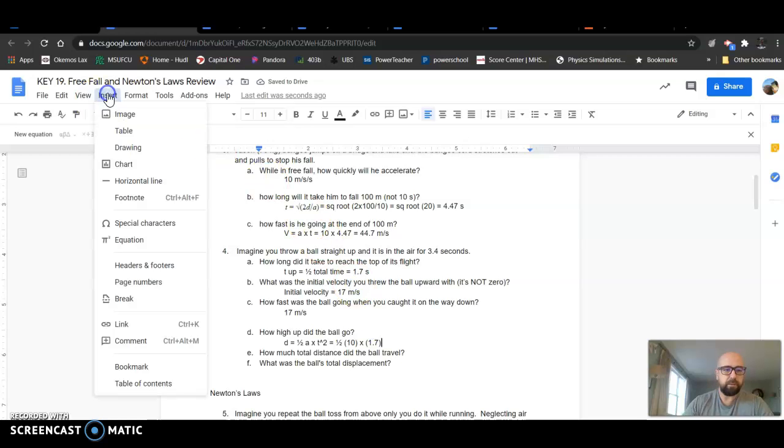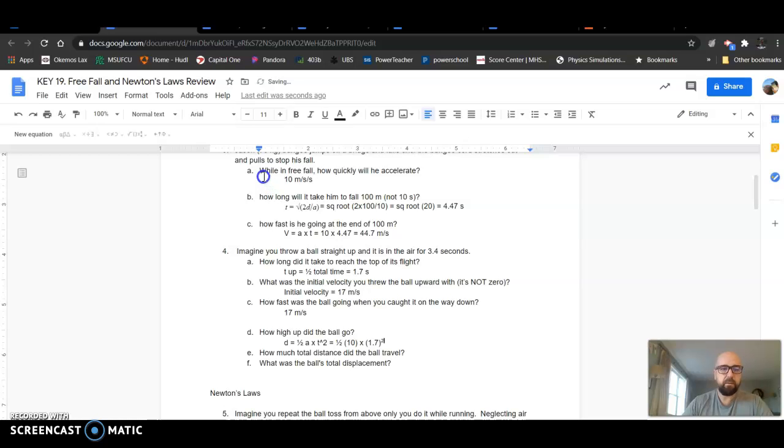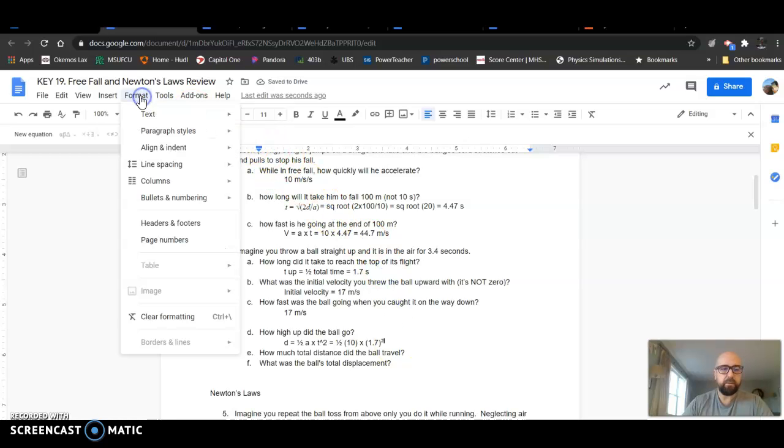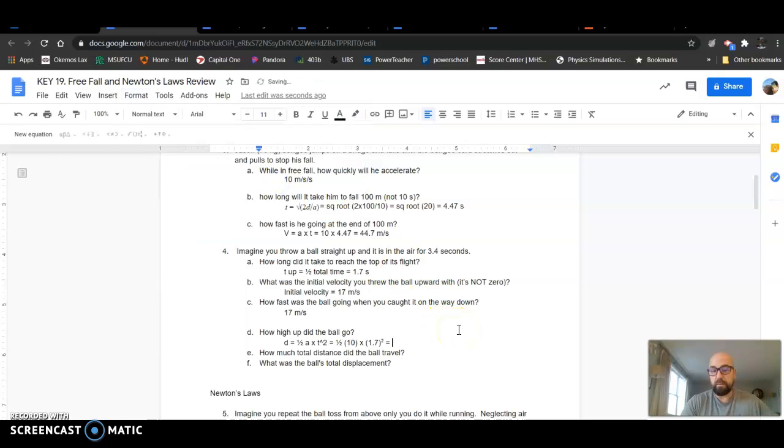And I'm just going to reformat that. So I get that. And then I just got to plug that into my calculator. So now I'm looking at 5 times 1.7 squared, and that gives me 14.45 meters.